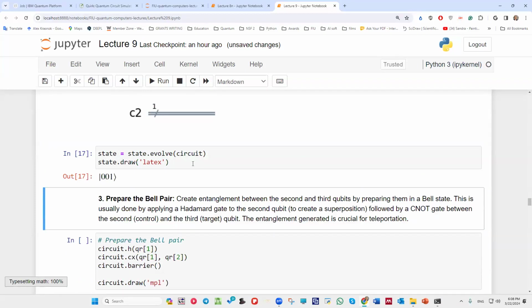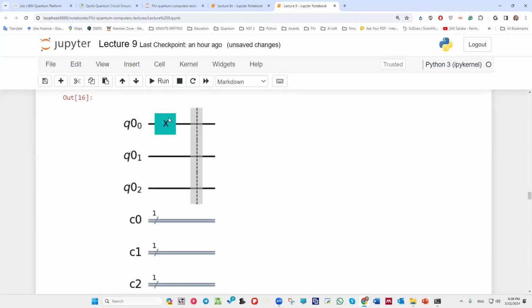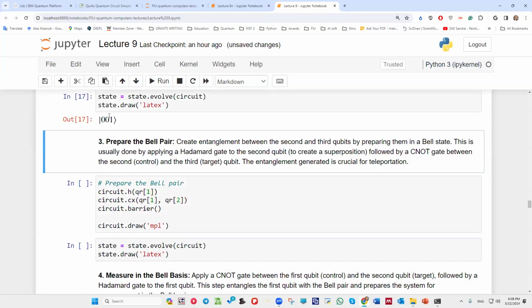Okay, and this is the state after the application of this X gate. So it is 0, 0, 1. So we changed the state of the first qubit from 0 to 1. So now Alice wants to teleport this state, the state 1.